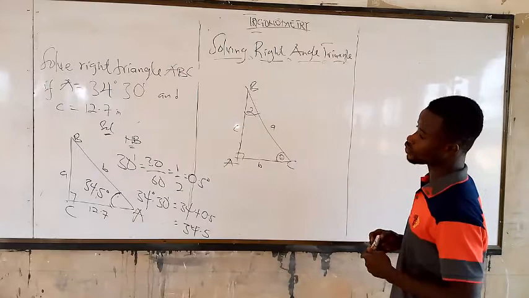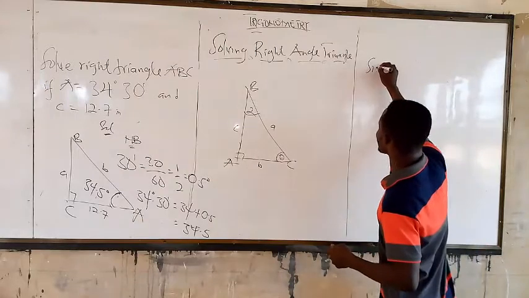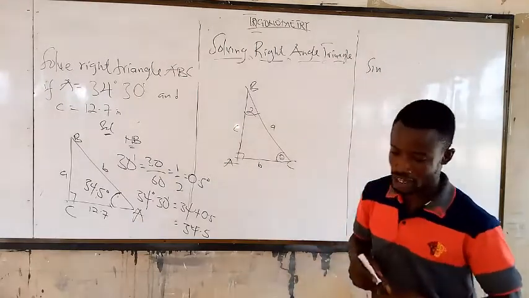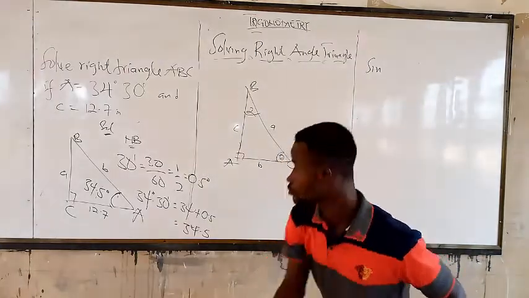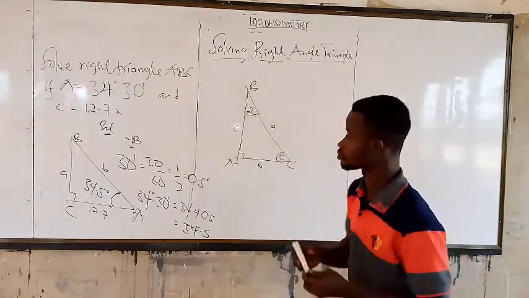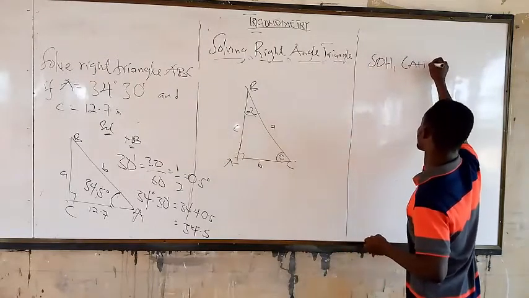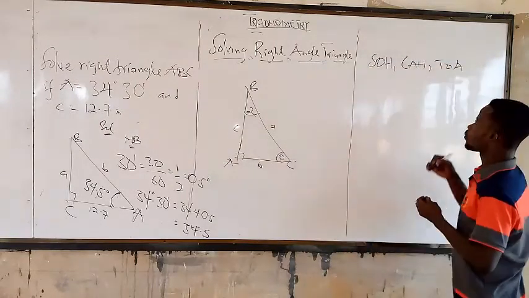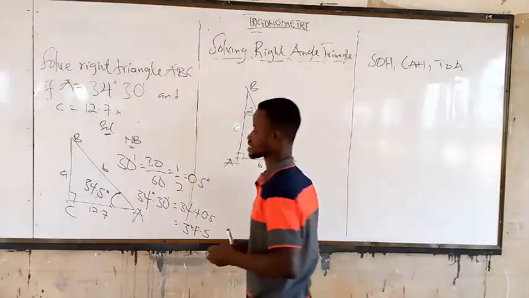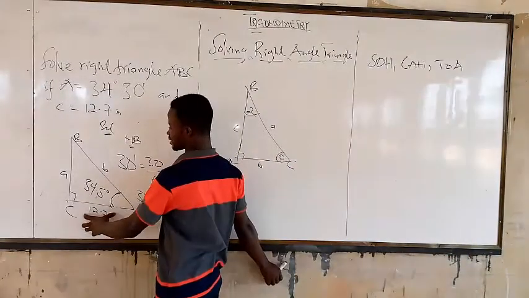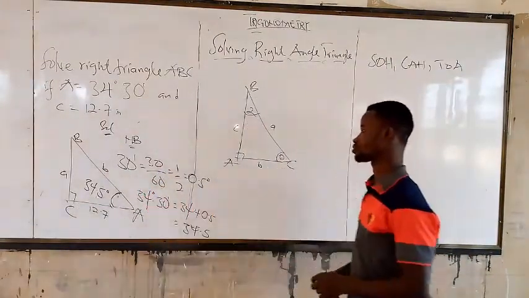So SOHCAHTOA, which one is going to help us? Which of the formulas will connect the adjacent and the angle?